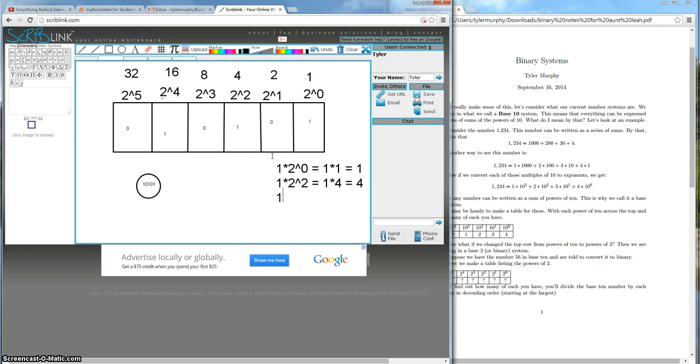And then I have 1 times 2 to the fourth, which equals 1 times 16, which equals 16. And now I can add all those numbers. 1 plus 4 plus 16 is 21. So this number, written in base 10, is 21. And that's how we converted it.